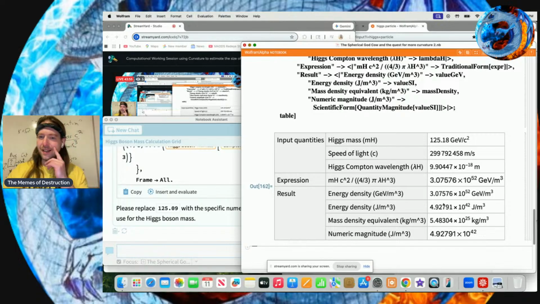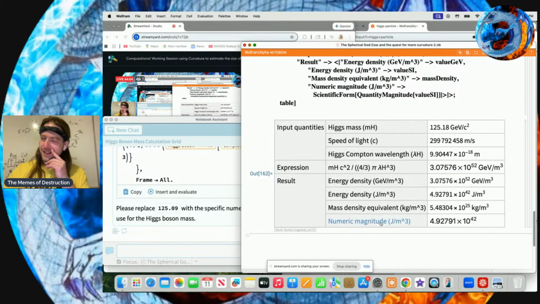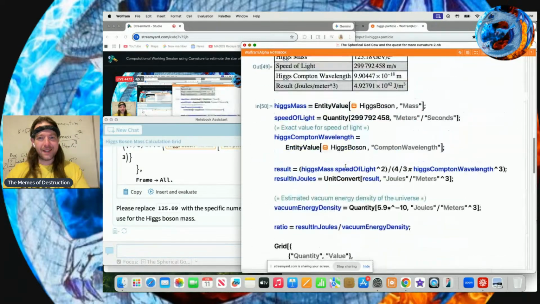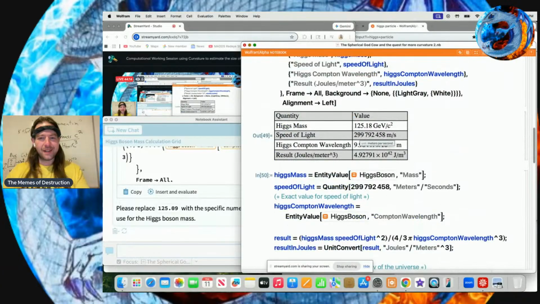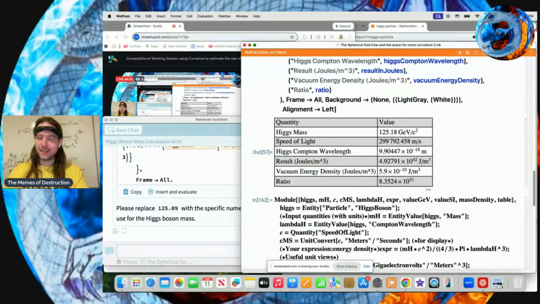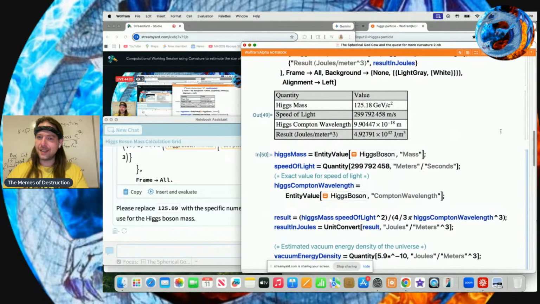Density, okay, in joules. All right, kilograms, numeric magnitude. Oh, I like that. Okay. All right. So we got that there. Okay, so that one is good. That one is weird. So get rid of that guy.